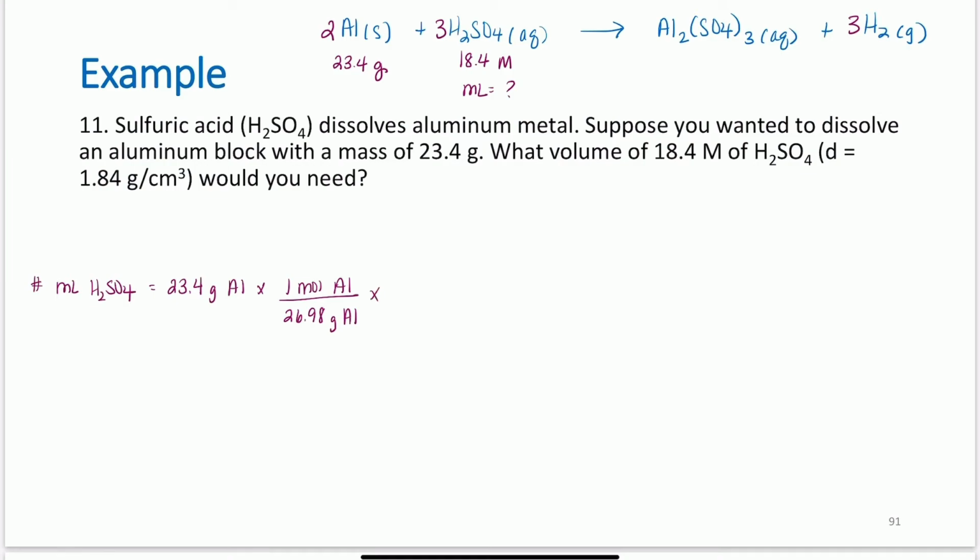Now that I'm in moles of aluminum, I can use my balanced equation to convert to moles of sulfuric acid. I see I need 3 moles of sulfuric acid for every 2 moles of aluminum reacted.